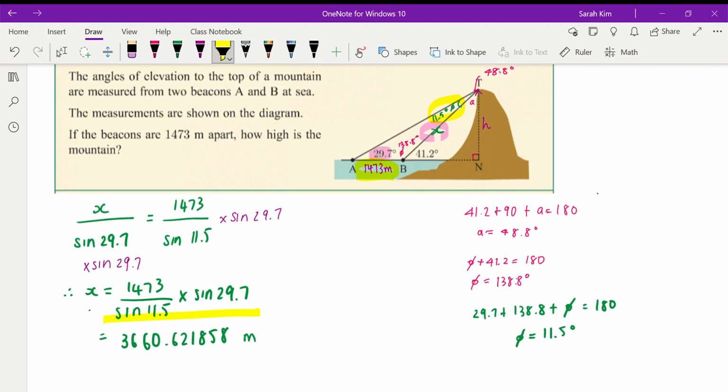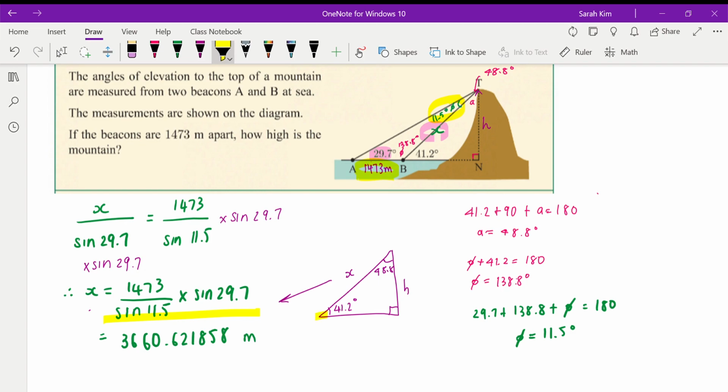So let's look at the second triangle. If I redraw that second triangle, I've got my height that I want to find. I've got 41.2 degrees. I found my x, which is that one. And then I know also this angle, 48.8. Let's see what we can do.